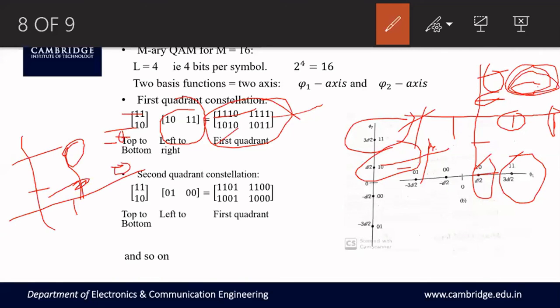Similarly, work out the second quadrant constellation. The second quadrant goes on this side. How do you choose? 1, 1, 1, 0. The vertical remains the same, right? But the x-axis goes left side.